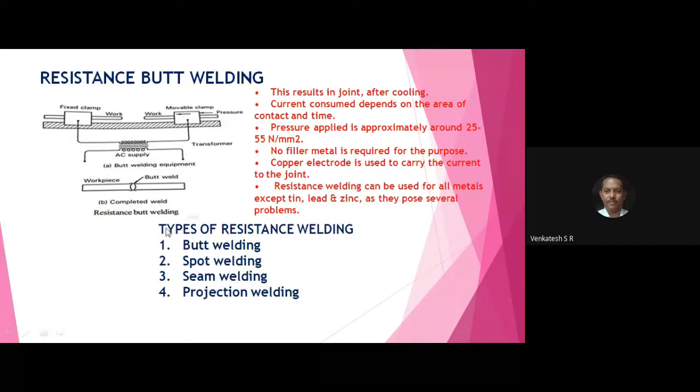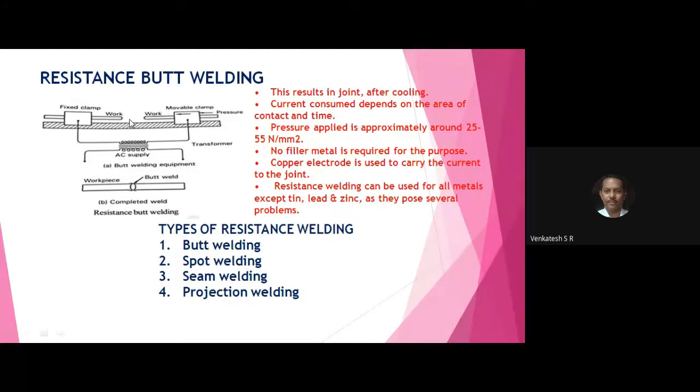Next, butt welding. Joining of two sheets or rods by using electrical resistance. All of you observe here, this is the fixed clamp, this is the moving clamp, and you introduce the workpiece with pressure and make contact, then pass the electric current. The resistance is created between the workpieces.